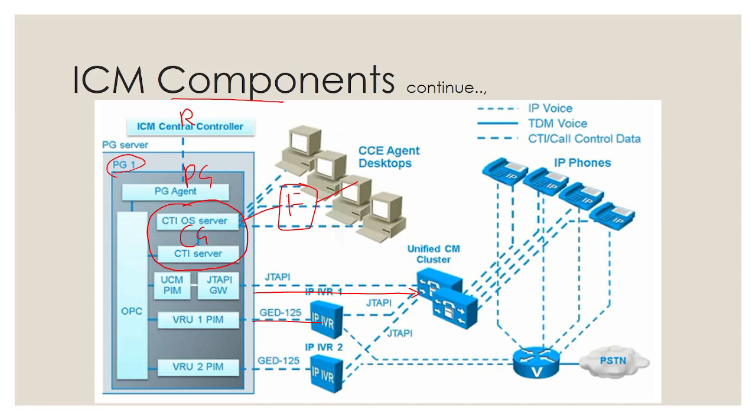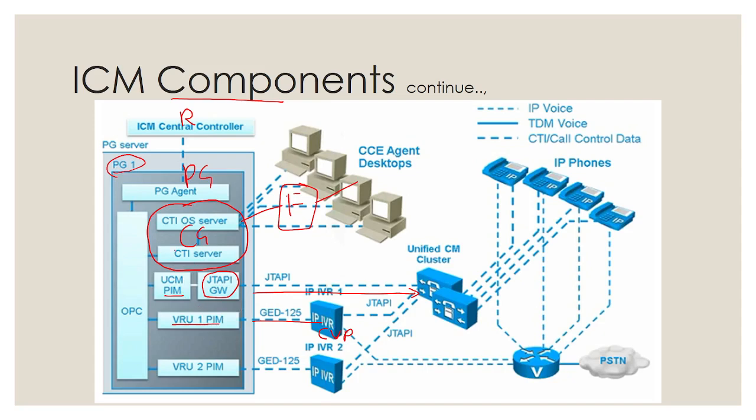You can see here the JTAPI gateway plugin that is installed, sitting on top of the agent PIM. If it is a VRU PIM, you can see there is a separate PIM for connecting to the VRU. It can connect to IPVR or any other VRU product like CVP. And this is a generic PG, as it has the agent PIM and also the VRU PIM in the same box, or the same PG.